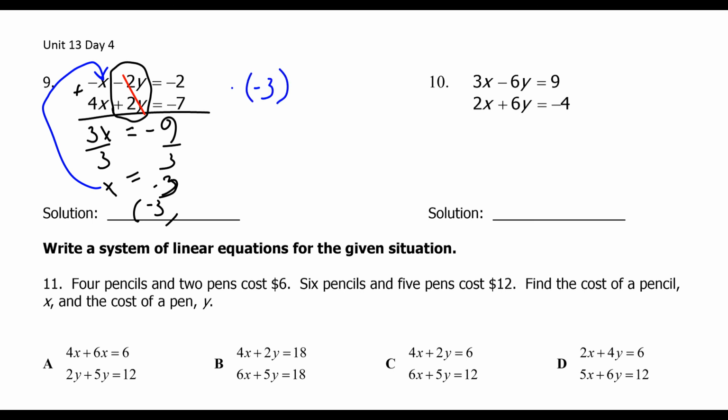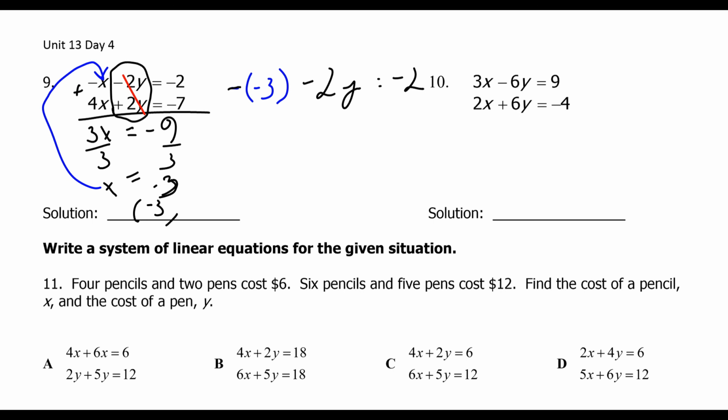So we got negative on the outside of negative 3. Don't forget about your negative sign on the outside. It will mess up your calculations and you will have issues, so make sure that you include that. Negative of negative 3 is going to be a positive 3. Minus 2y equals negative 2.